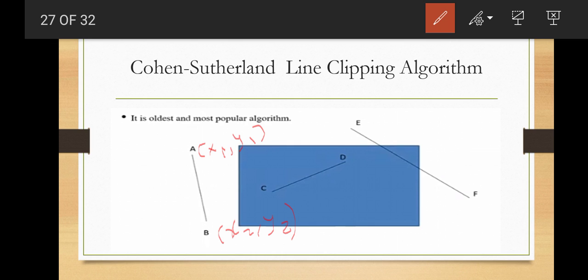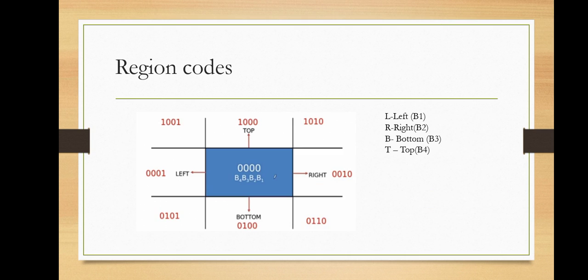There are 4 bits, which you can call TBRL. T is related to top, B is related to bottom, R is related to right, and L is related to left. So you have to assign a 4-bit region code. Now, how it can be assigned, I will show you.